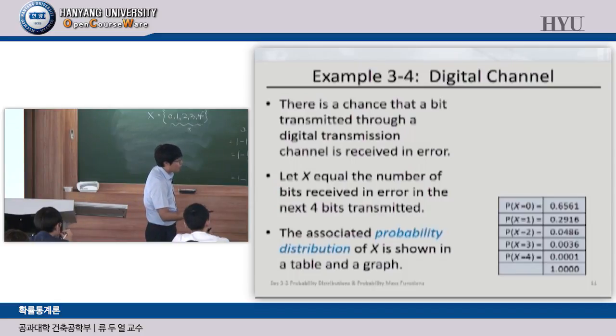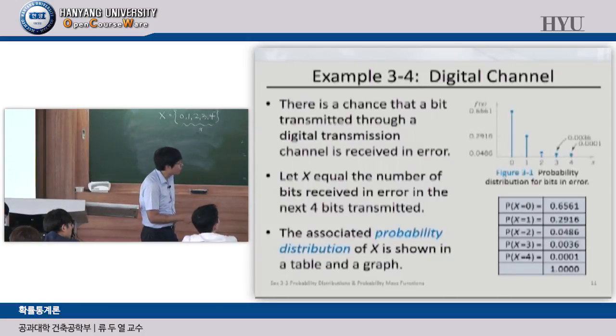So these are the possible outcomes, okay? And the right column indicates the probability for each case. So the probability of x equal to 0 is 0.6561. And the probability of x equal to 2 is 0.0486. Okay? So the summation of all these probabilities should be equal to 1.